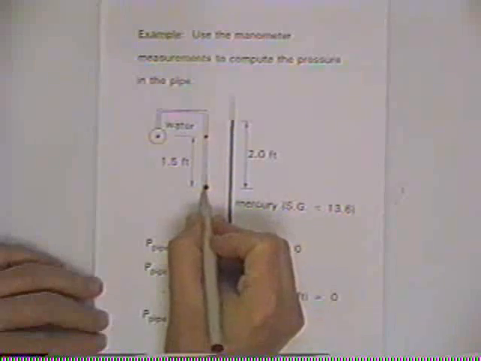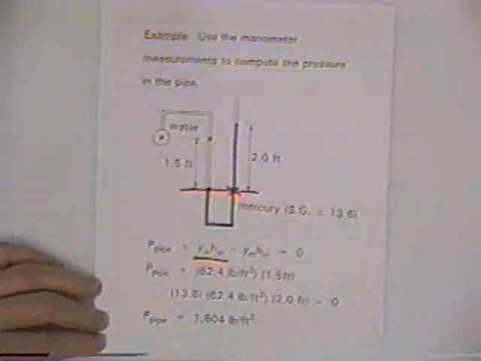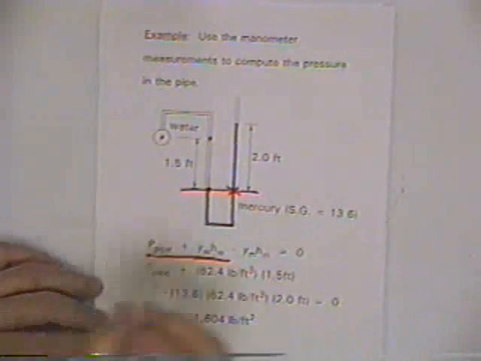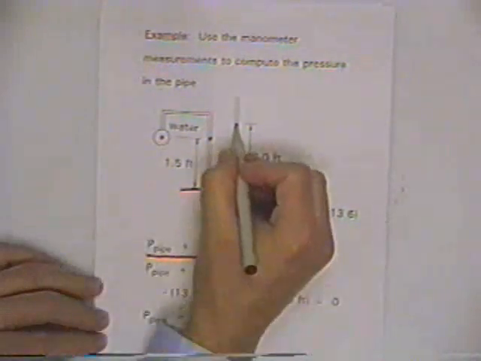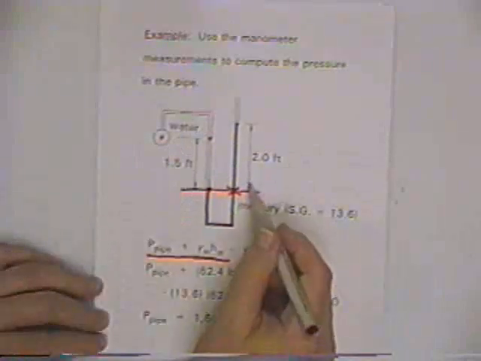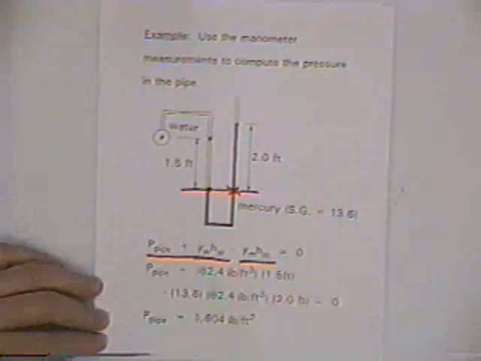Now, whatever the pressure is here, if we go across horizontally to right there, the pressure is identically the same. Except now we go up to here, and if we rise, we're taking some pressure off because we've got this 2-foot column of mercury, so we need to subtract that off.